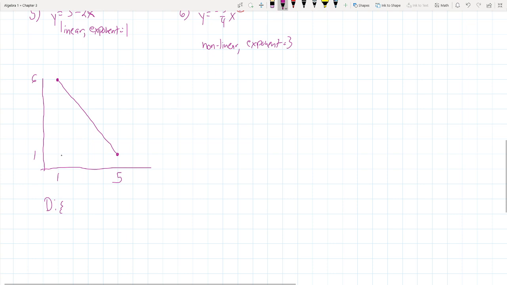And what I notice about this is that this is a line. And we talked about this in the last lesson, where what this means is my domain starts where the line starts, and so in this case it starts at 1.